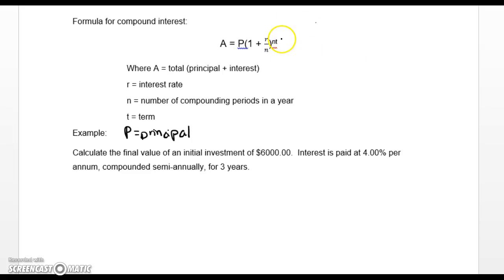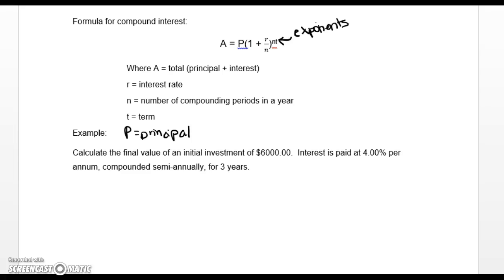One thing to really note here, it's a little bit hard to see this on Word, but N and T there are exponents. So your total, which is your principal plus your interest, is equal to your principal times 1 plus your interest rate divided by the number of compounding periods, all to the exponent of the number of compounding periods times the term.